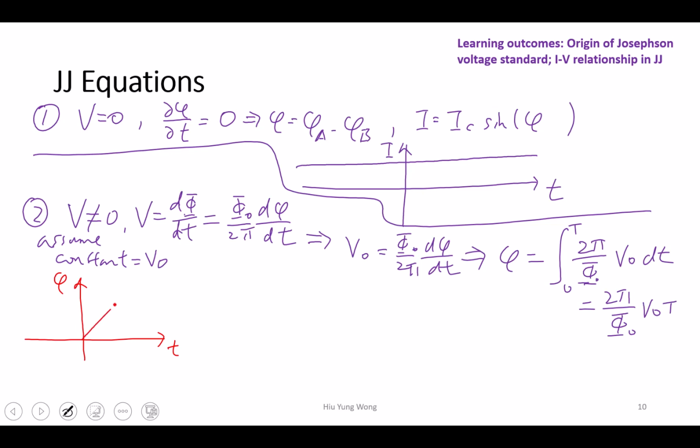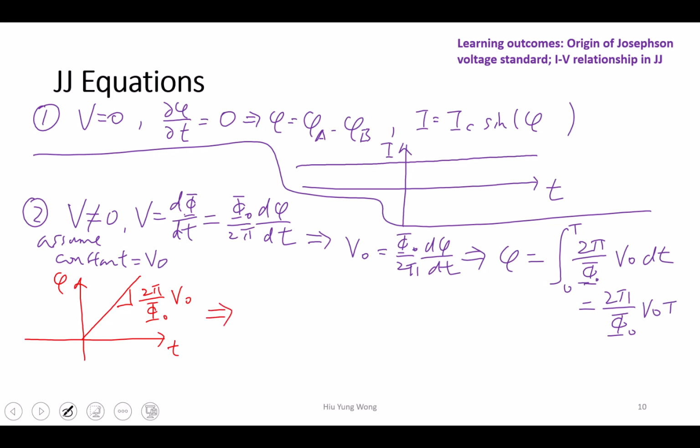In this particular case, say it go from 0, but you can have some initial condition. It just go up with a slope, right? And that slope is 2 pi divided by phi naught times V0. This is the slope, right? The phase difference keep going up. But phase difference, you can go up, not a problem, because once you reach 2 pi, its effect is the same as just keep doing modulus, right?